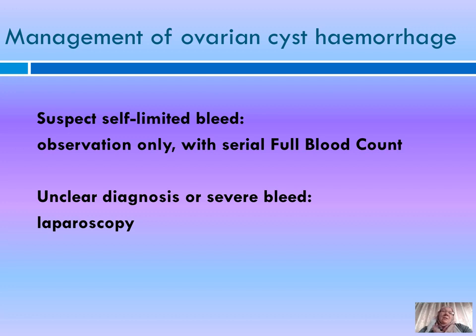If the diagnosis remains unclear, if the hemoglobin is dropping, if she doesn't improve, if you're somehow uneasy about a patient presenting with severe pain, you have to do a diagnostic laparoscopy, because that usually gives you the answer and clarifies the situation. So an ovarian cyst hemorrhage would be obvious on a laparoscopy.